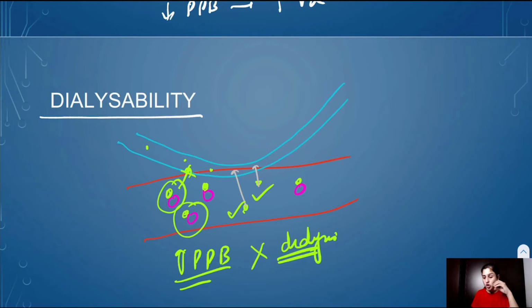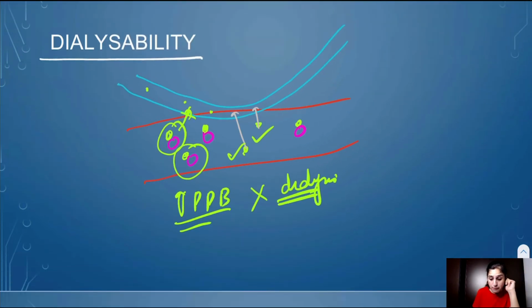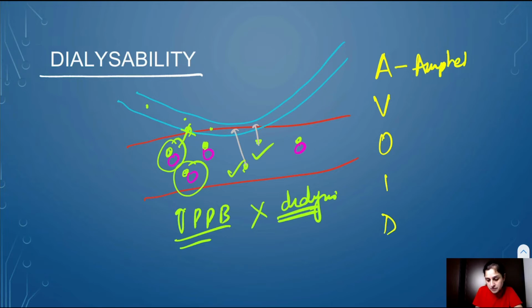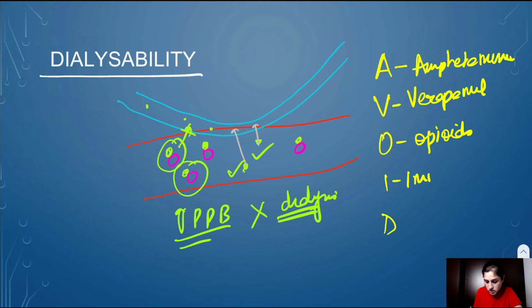So drugs where dialysis should not be done are the highly plasma protein bound drugs. And here I would like to give you a mnemonic to remember in which drugs we should avoid dialysis. You remember a mnemonic called AVOID dialysis. So A stands for amphetamines, V stands for verapamil, O stands for opioids, I stands for imipramine, and D stands for digoxin.